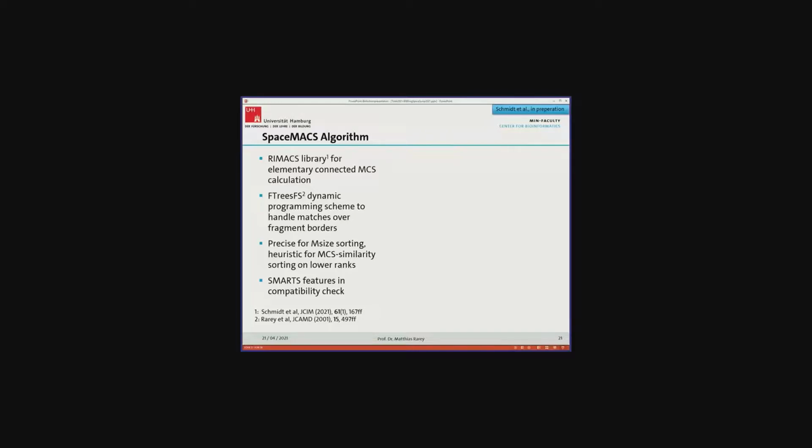So SpaceMax is actually more than just a substructure search engine or a maximum common substructure search engine. You have all the variability of SMARTS expressions, like and/or relationships between atom types and these things. And the strategy, basically, we are cutting bonds as before.